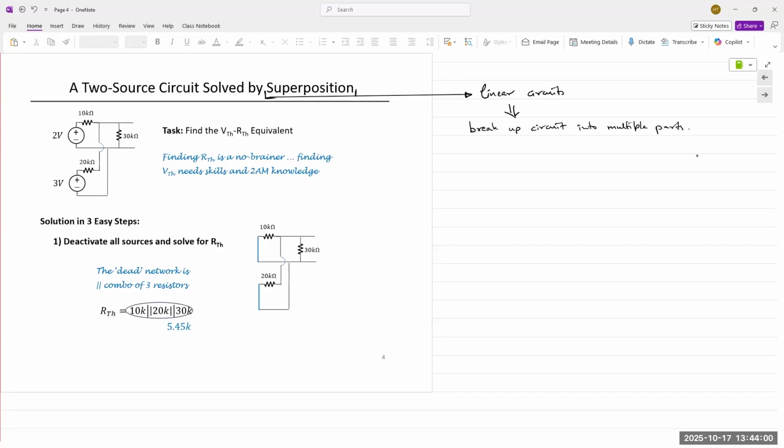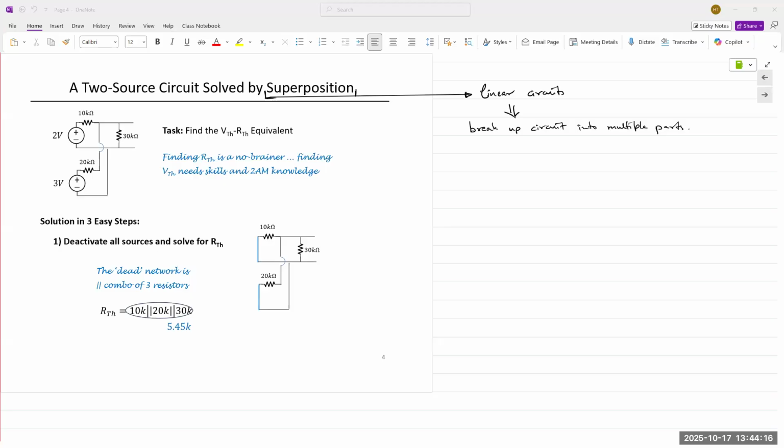And break it up into multiple parts. Now, when I say breaking it up, it does not mean that you're just separating out the components. That's not what we are doing. What we do in superposition is we keep the circuit components as they are, but we deactivate all the sources.